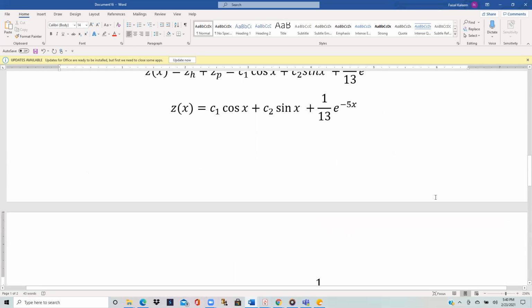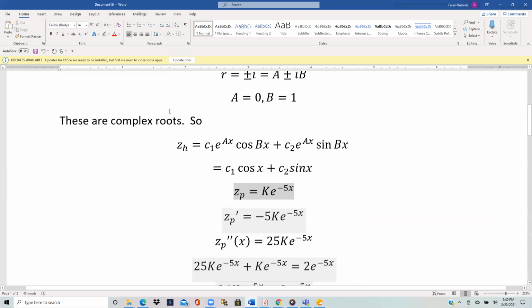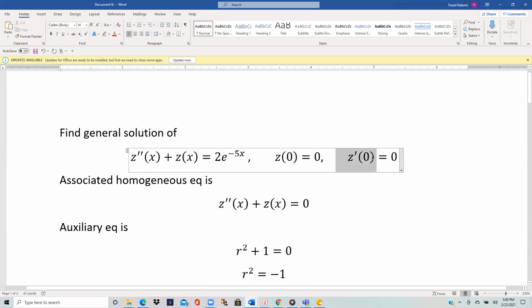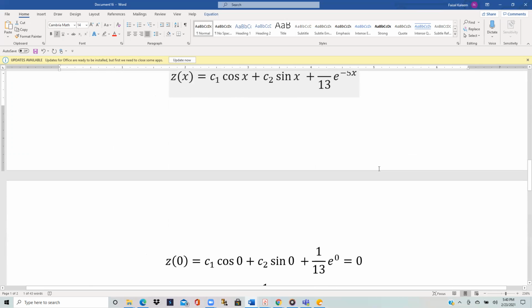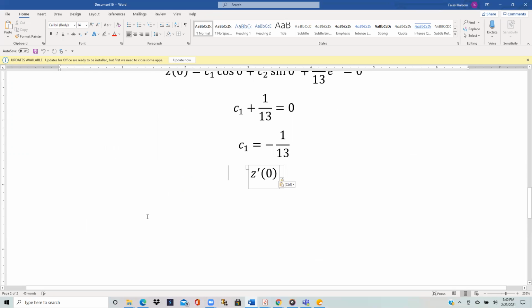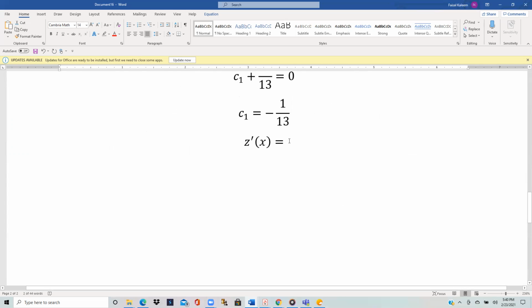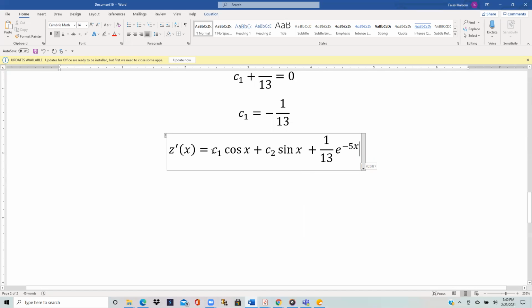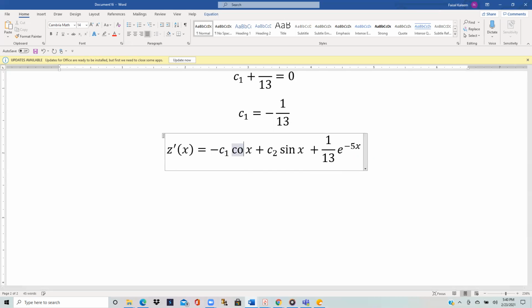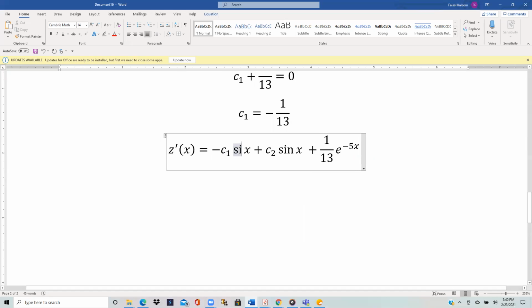So z prime of x: the derivative of c1 cos x is negative c1 sin x, and the derivative of c2 sin x is c2 cos x.